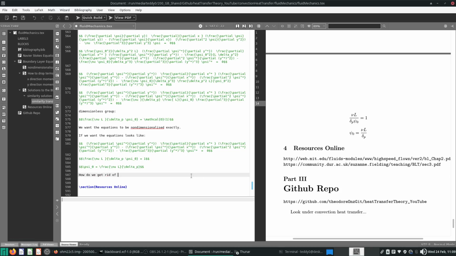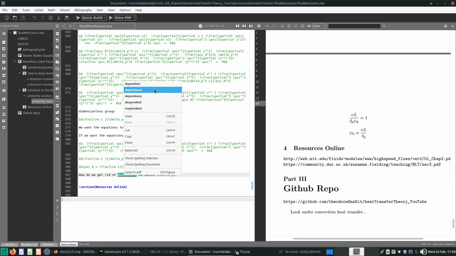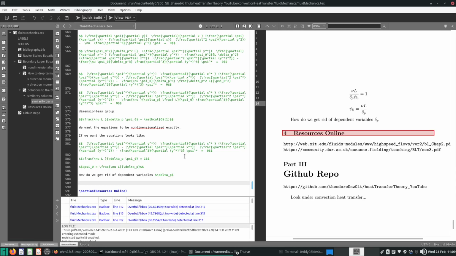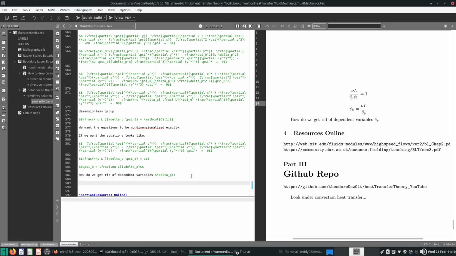So how do we get rid of dependent variables? In this case, delta p is the dependent variable. We want to get rid of it, because we don't know how delta p evolves yet. So how do we get rid of it? We again use our relation, remember, Reynolds number.